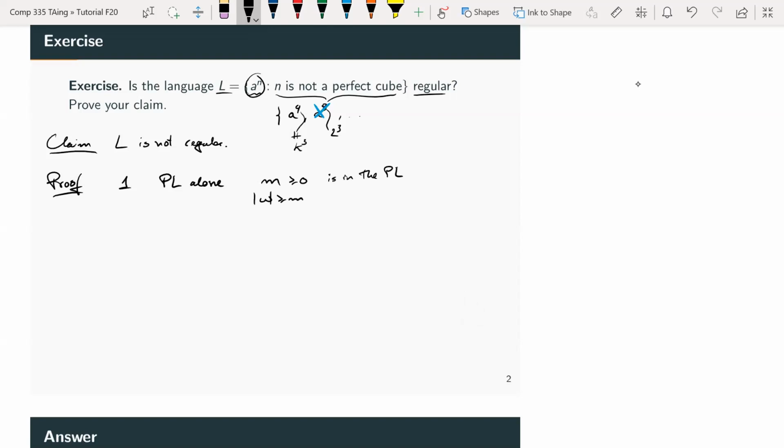But this is going to be very tricky to do here, because it's very tricky to correctly define a string whose length is not a perfect cube.